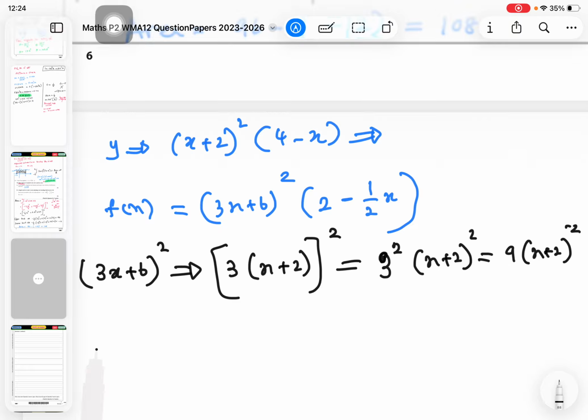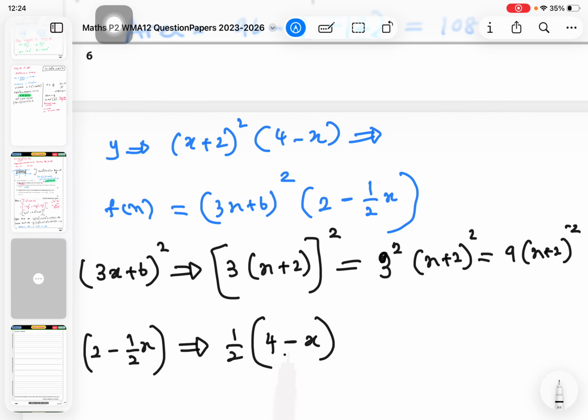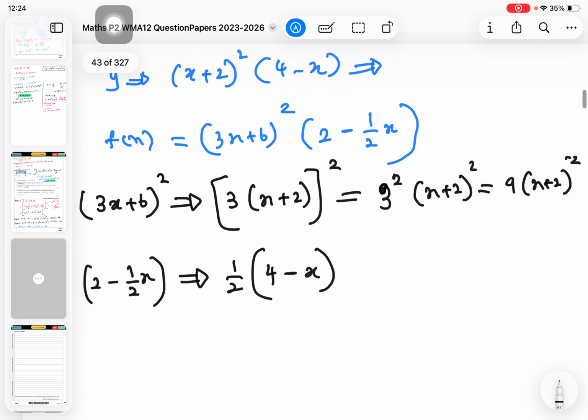The other one is 2 − ½x. There's a fraction, so I'm going to take the half out. It should be 4 − x, because ½ times 4 gives 2 and ½ times x gives ½x. So this was pretty simple.